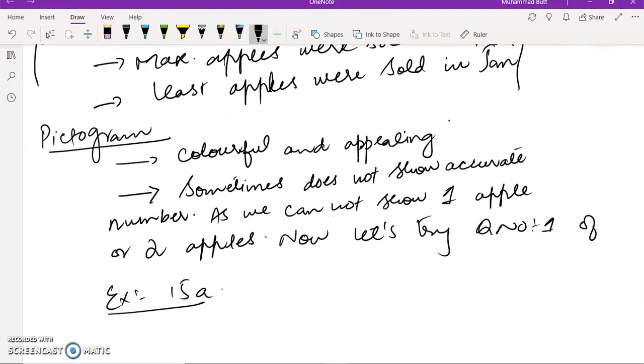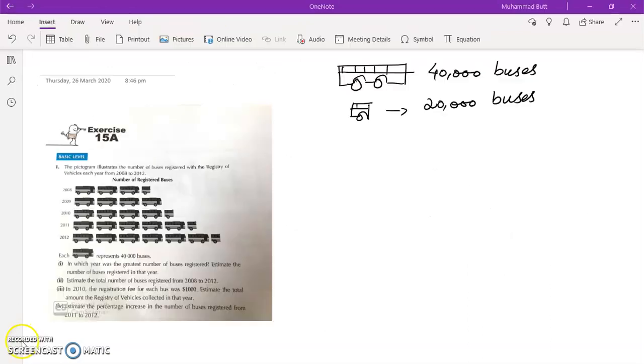Let's try question number 1 of exercise 15A. In question number 1, a pictogram has been shown. This pictogram illustrates the number of buses registered with the registry of vehicles each year from 2008 to 2012. As we know that in pictogram, a figure is used to represent the data.